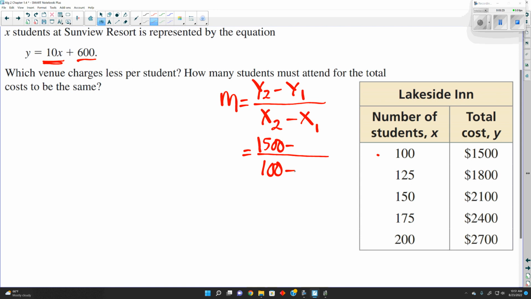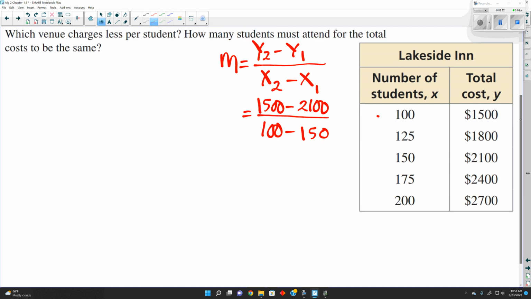Now we need to pick another point: 150 for x, and the corresponding y value is 2,100. Does it matter which ones we use? No. But we can plug this into the calculator at this point and go from there.